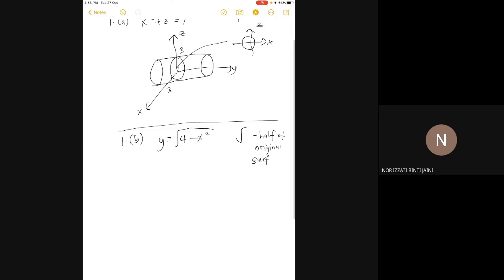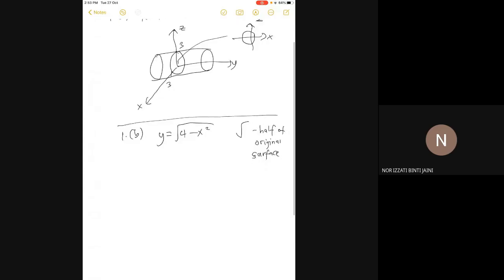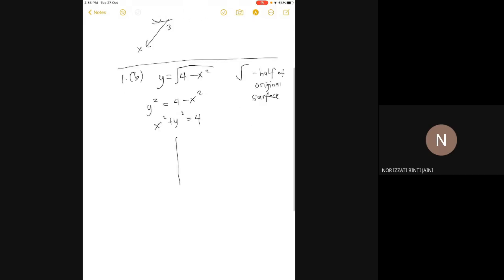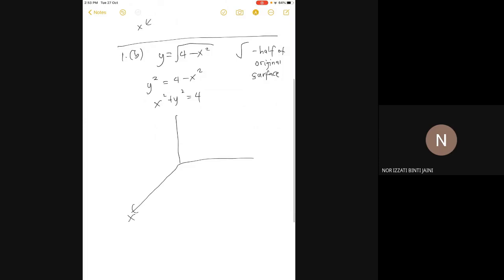Okay, to find the original surface, we have to square the equation back. Okay, so sekarang ni square root kan, apa original surface dia? So y kuasa 2 sama dengan 4 tolak x kuasa 2. So x kuasa 2 tambah y kuasa 2 sama dengan 4. Okay, saya tulis original dia dahulu.